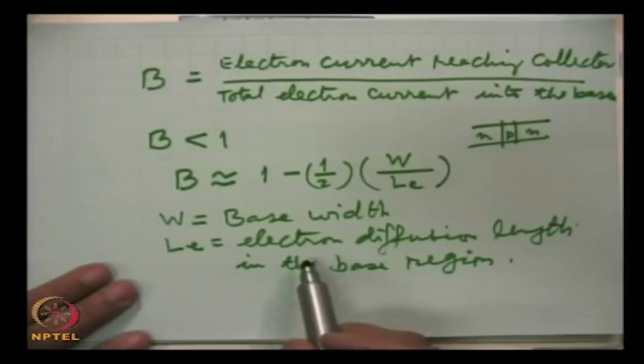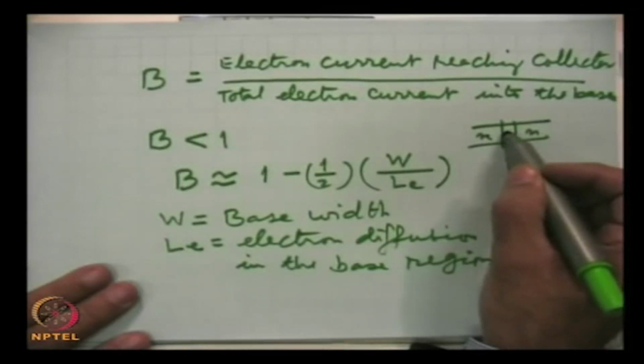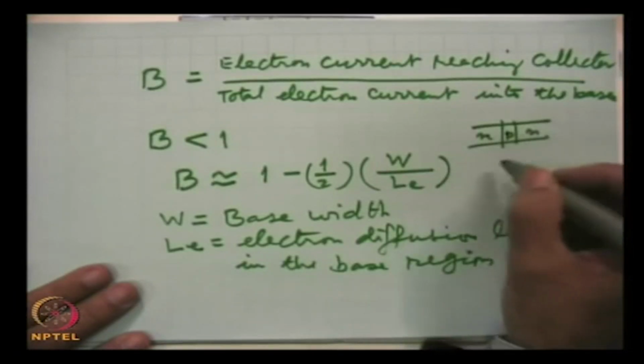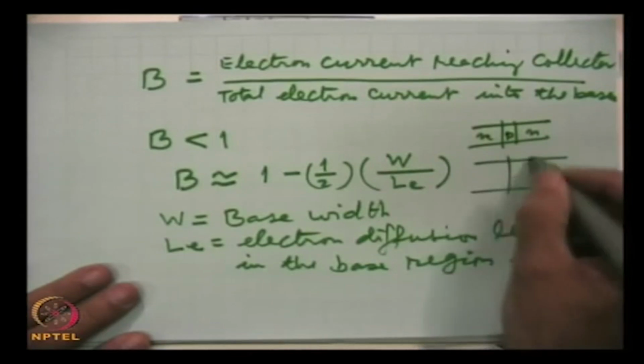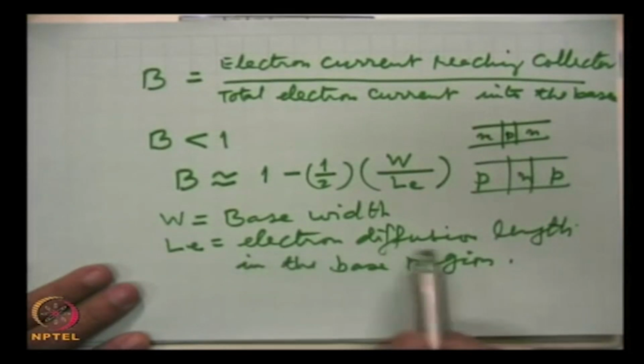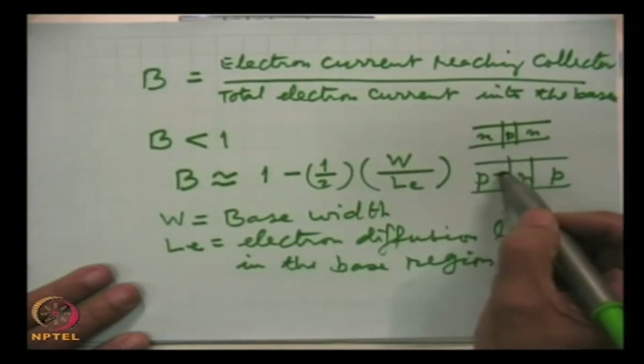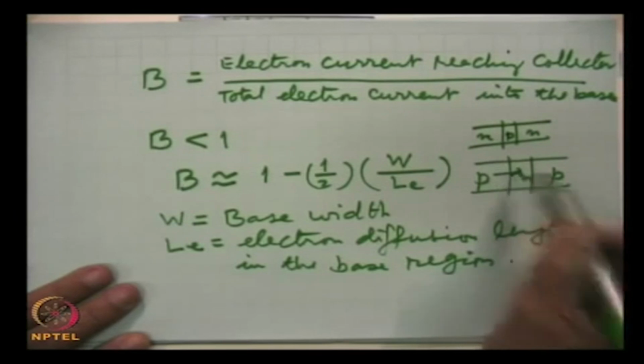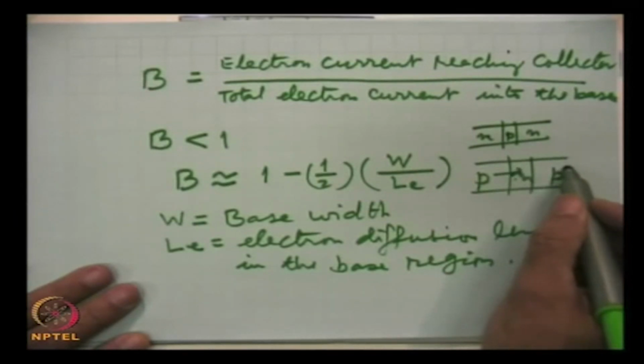Why is a transistor called a minority operated device? Because when electrons are injected into the base, in the p region they are in minority. If we talk of a PNP transistor, then it will be the hole diffusion length in the base region. Holes will be injected into the base and they will be finally collected here.